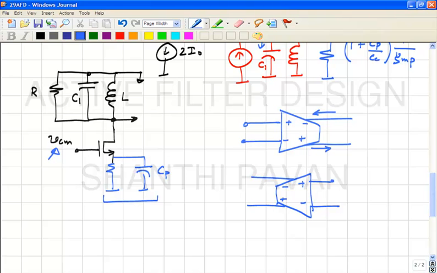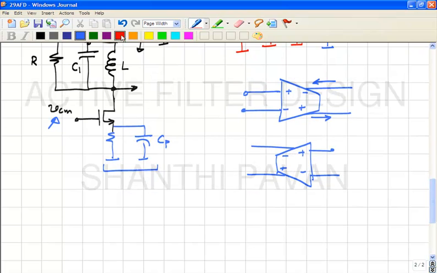Now you have two fully differential transconductors. How would I hook them up to make a gyrator? What should I do? Okay, this is a single-ended gyrator, folks.